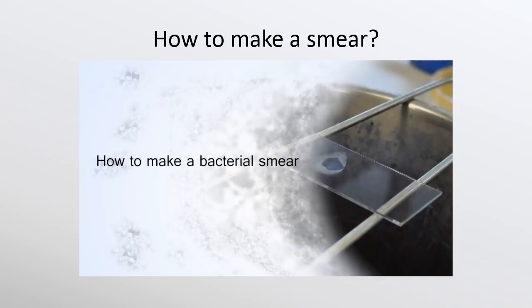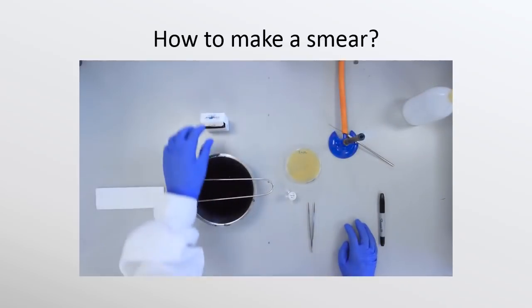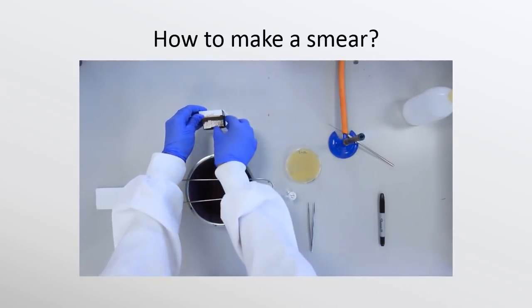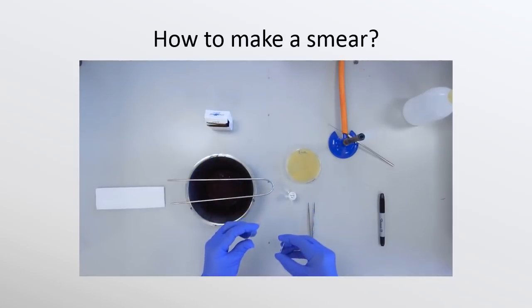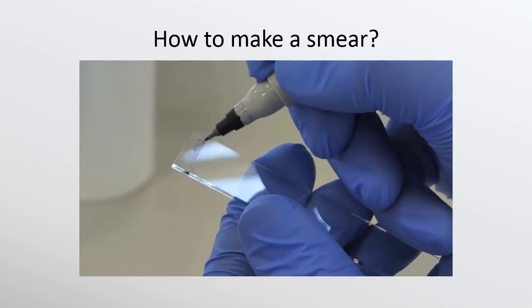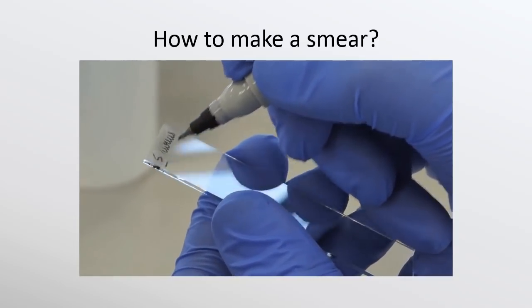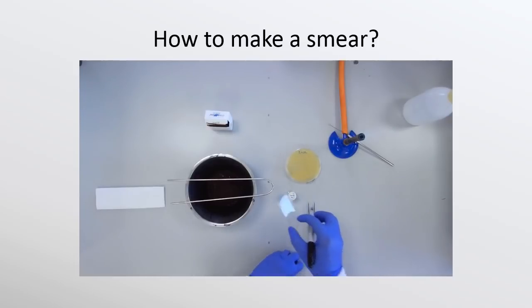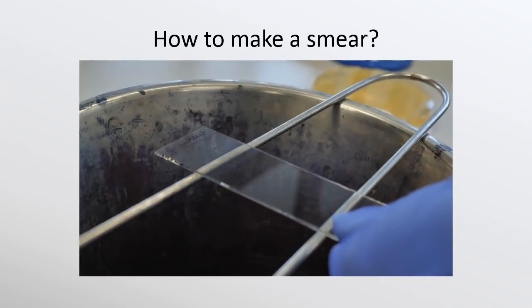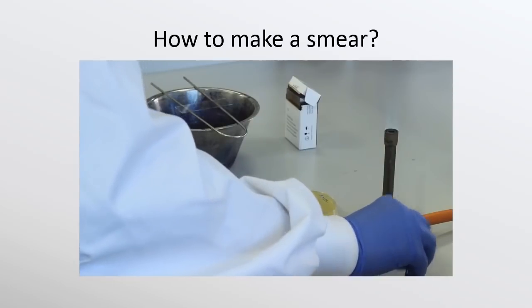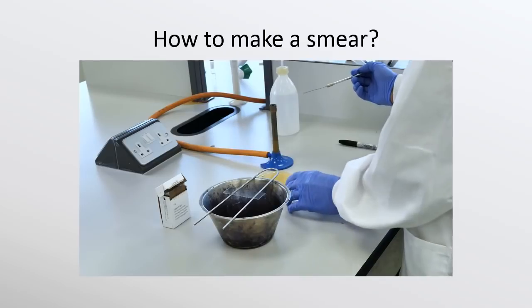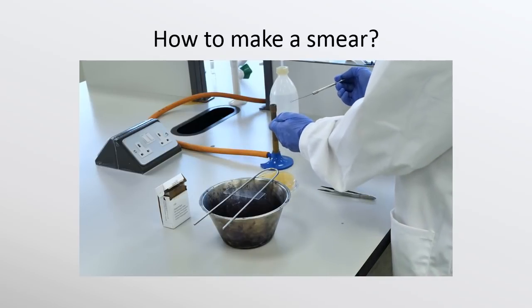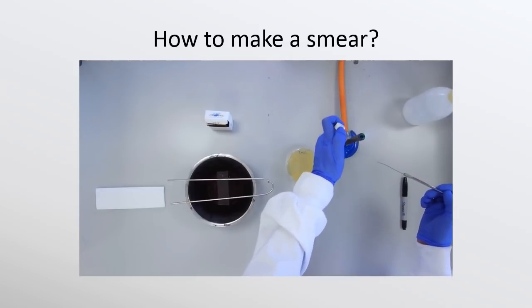How to make a smear and carry out a simple stain. Before staining, it is necessary to prepare a bacterial smear. Label a glass slide at one end with the culture name. Transfer a small drop of water aseptically onto the center of the slide using a wire loop.